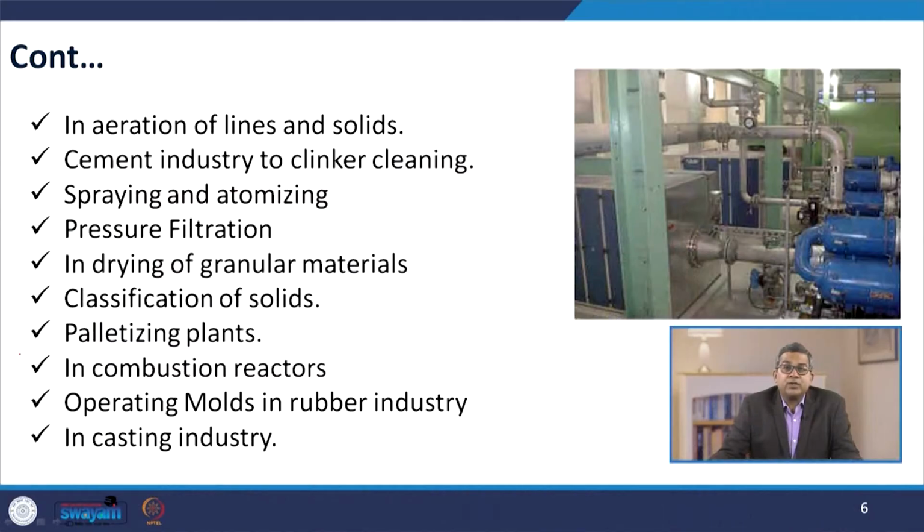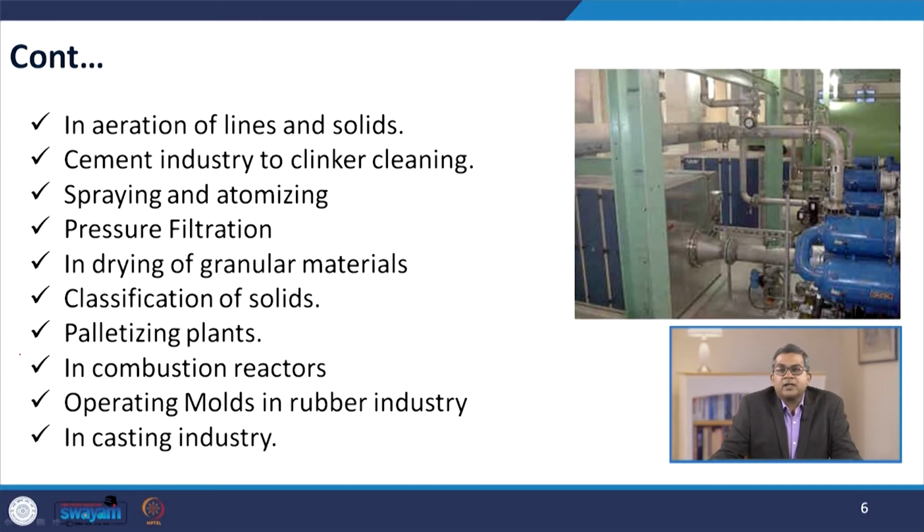It is used for transportation of liquid or semi-solid substances, and sometimes in blending of solids. It can be used in the aeration of liquids and solids, flushing of lines, clinker cleaning in the cement industry, spraying and atomization. It can be used as a pressure filtration device. In drying of granular materials, compressed air can be used.